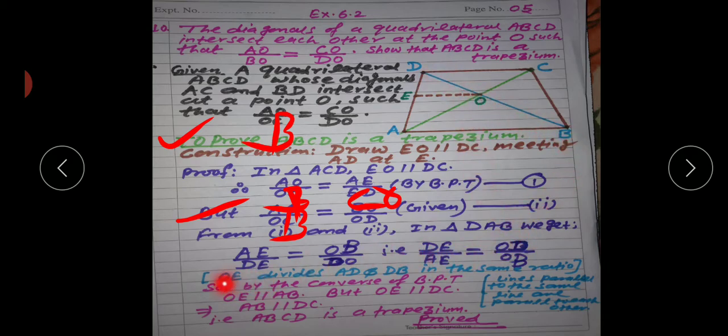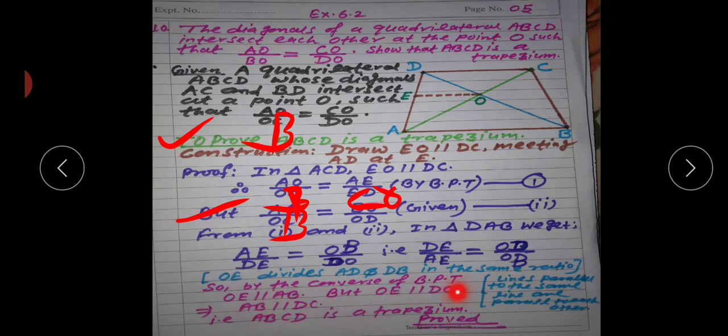So OE divides AD and DB in the same ratio, and so by the converse of BPT, line segment OE will be parallel to AB. But OE is parallel to DC by construction, and lines parallel to the same line are parallel to each other.